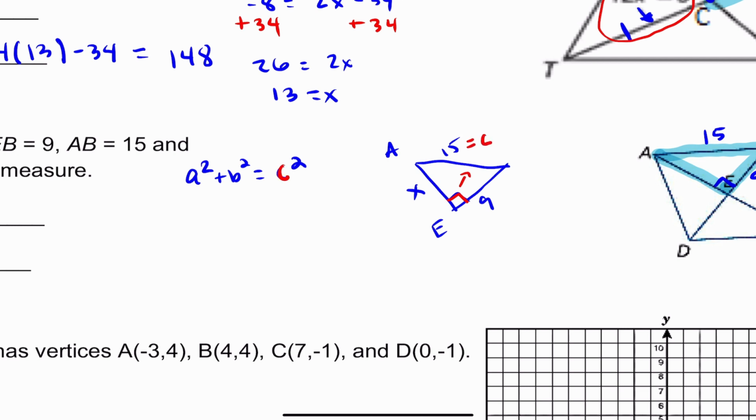Okay? So then let's go ahead and replace C, because this is C, right? So I have a squared plus b squared equals 15 squared. And then what is a and b? Well, a can be x or b can be x. It doesn't really matter. So I'm going to say x squared plus 9 squared equals 15 squared.